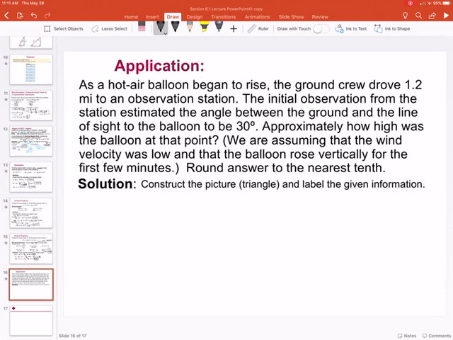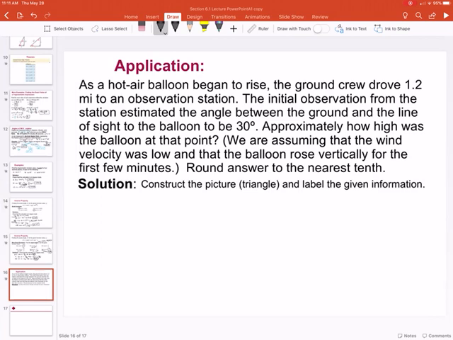It says, as a hot air balloon began to rise, the ground crew drove out 1.2 miles to an observation station. The initial observation from that station estimated the angle between the ground and the line of sight to the balloon is a 30-degree angle.